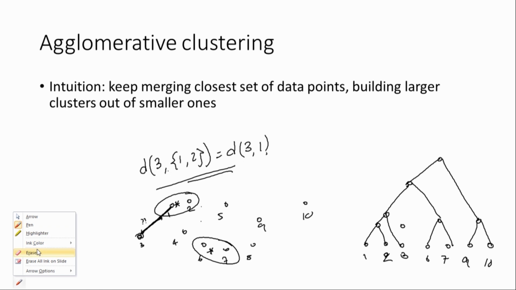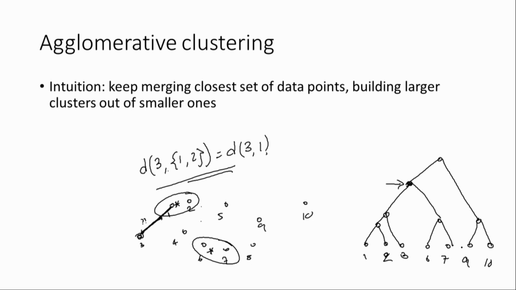We are getting a tree here, right? And what does each node in the tree represent? Each node in the tree represents a cluster. This node, for instance, represents the cluster 1, 2, 3, 6, 7. And this node represents the cluster 6, 7. So the original points are all in the leaves. Important to remember.